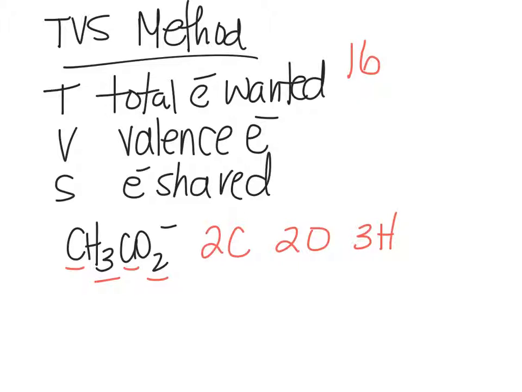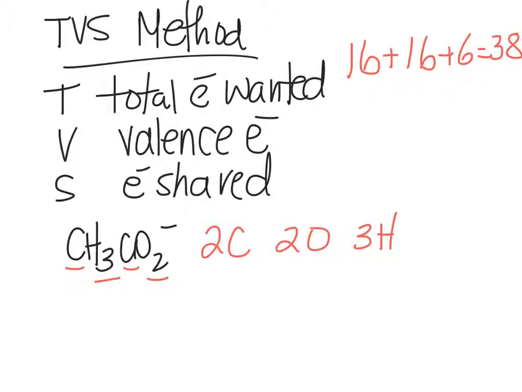To this we're going to add the other electrons that are wanted. Oxygen wants to be surrounded by 8 electrons. 2 times 8, because there are 2 oxygens, is 16. Hydrogen, on the other hand, only wants to be surrounded by 2. 3 times 2 is 6. So in total, we want 32 plus 6, which is 38 electrons.